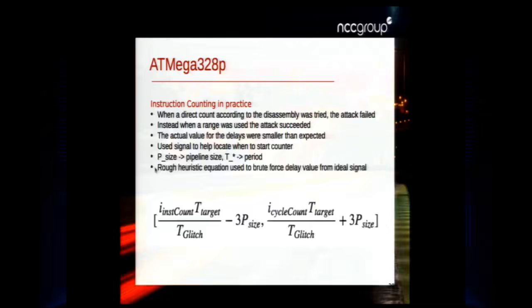It was just what worked. I initially tried to count the cycles between the disassembly and the data sheet, and that didn't quite work for some reason. I actually got a smaller value for the delay when to send out the glitch signal.